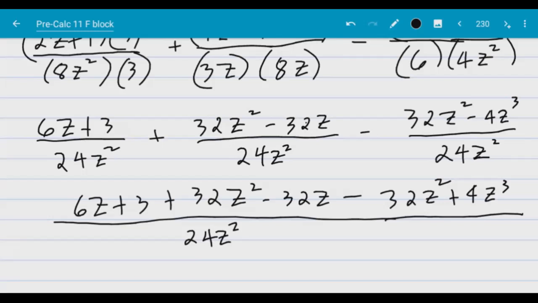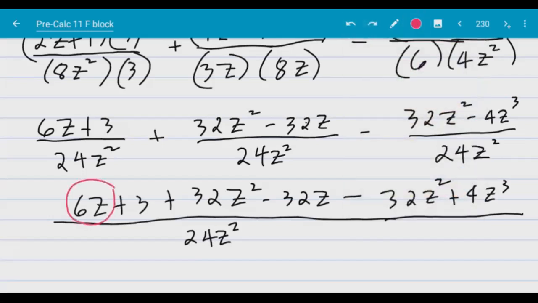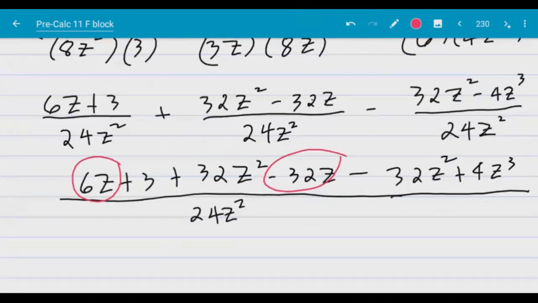Look at what I'm going to do. 6z, this one has a z. I'll use a different color. What else has a z only? This one. So if I put those two together, 6z minus 32z, that would be negative 26z.